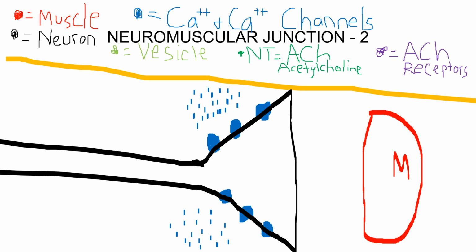So inside of this axon terminal, we have vesicles. And you know what vesicles are. They're just bubbles. We talked about specialized vesicles such as lysosomes and peroxisomes earlier in the semester. And inside of these vesicles, you have a chemical.